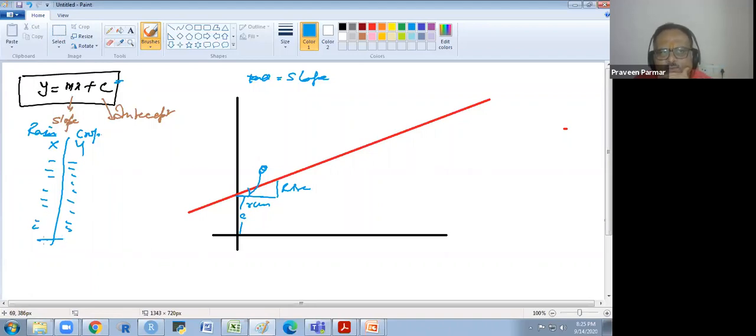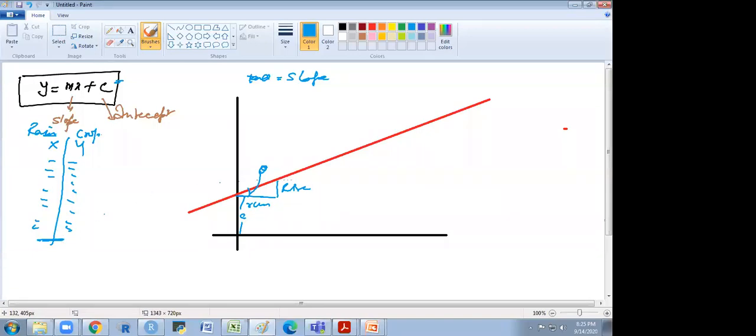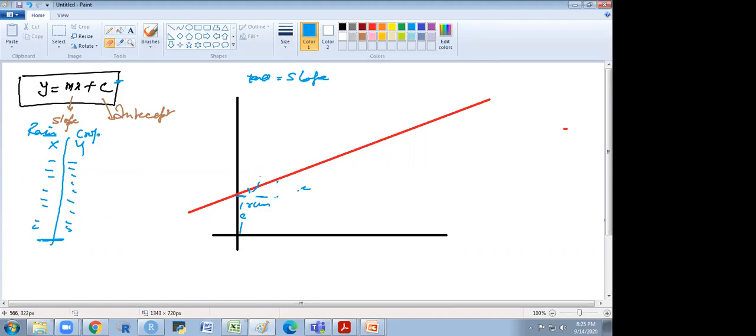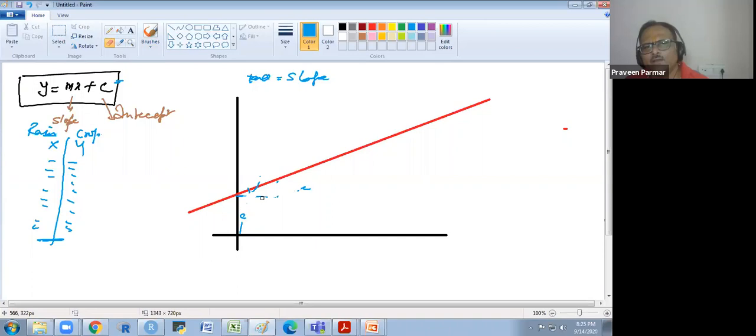Does that make sense to you? We get the past few years of data on rain and crop production, and then plot it on this graph.